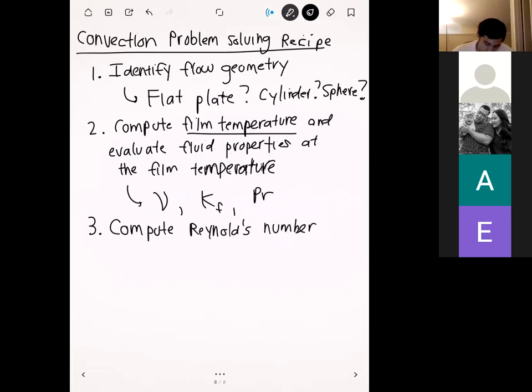Okay. And if you remember, Reynolds number is U infinity, which is the velocity of the free stream, multiplied by some length divided by nu, which is the viscosity. And then from this Reynolds number, you need to answer a very important question.